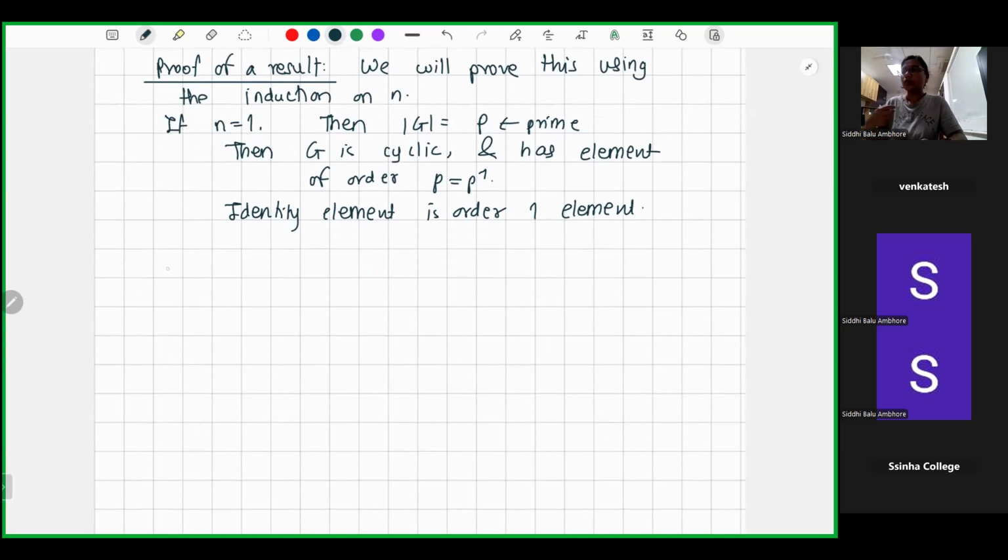Since we are doing induction, assume the result is true up to a natural number. We are using strong induction. We assume the result is true for all k between 2 and m, and we will prove it for m plus 1.